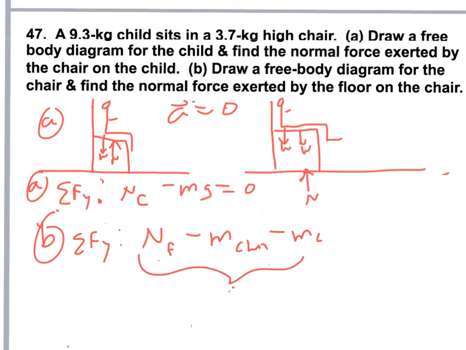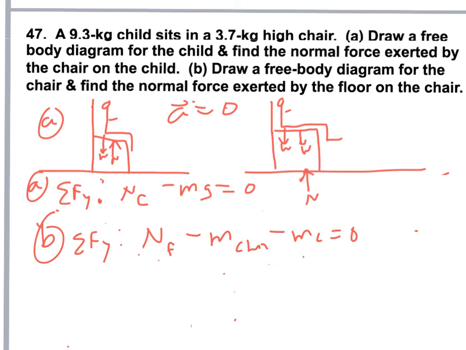All of that is F sub y, and then we set it equal to F equals ma. The acceleration is 0 because the child is sitting in the chair, so that helps a lot.